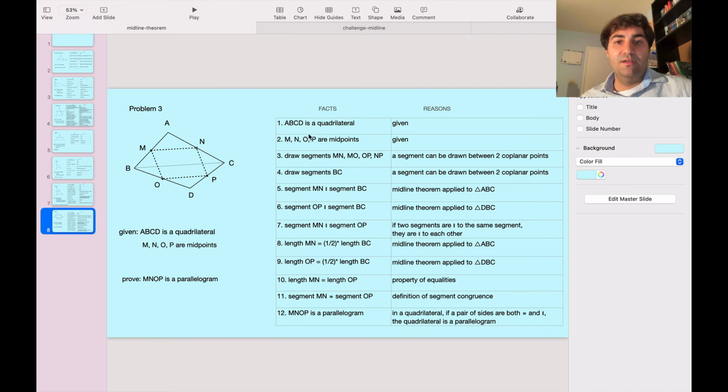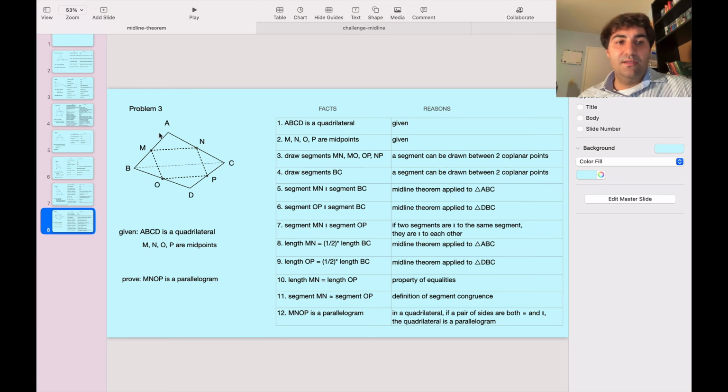So we write down what we know. And we know we can draw a segment through 2 points lying in the same plane. So I'll just do that for each of these. So you get segment MN, MO, OP, and MP. And then I'm also going to draw segment BC, right?